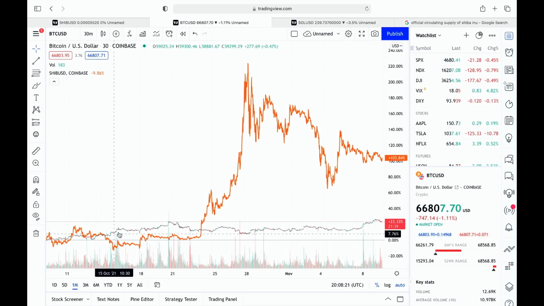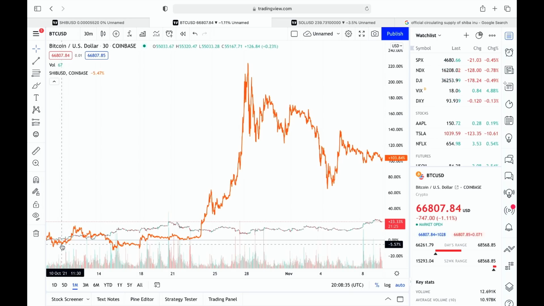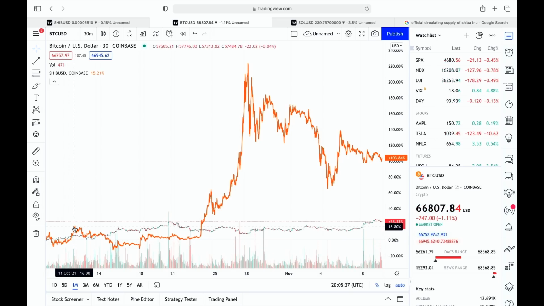I want you to notice that whenever Bitcoin is weak, SHIB actually makes a move in the opposite direction. The correlation is polar opposite. See here, dip, up, up, up.